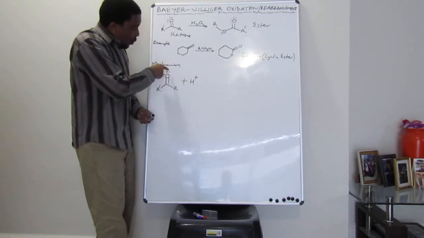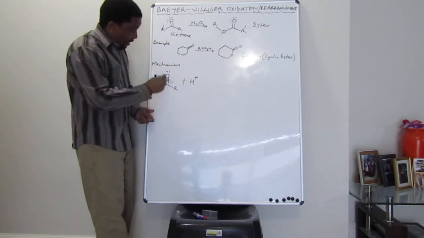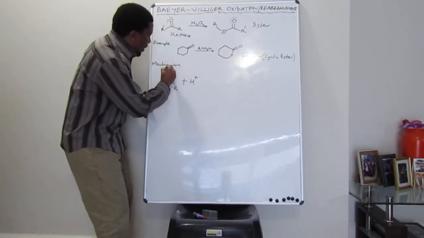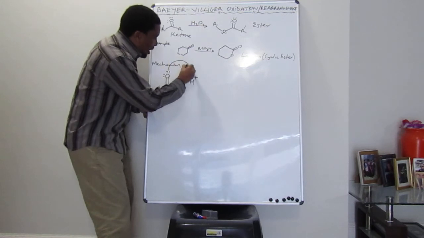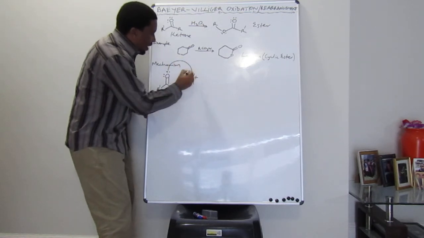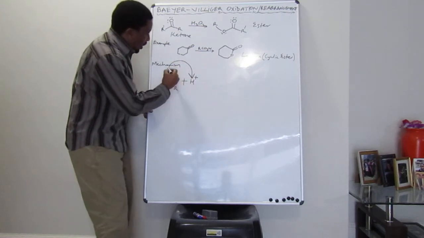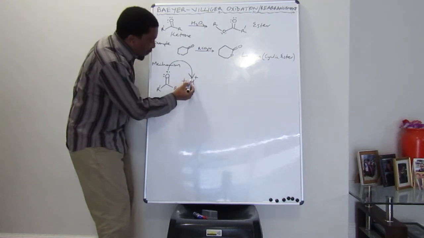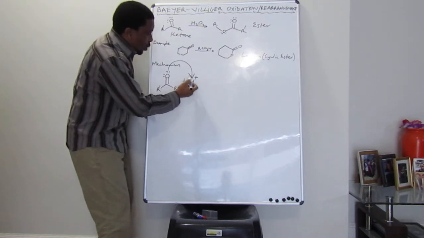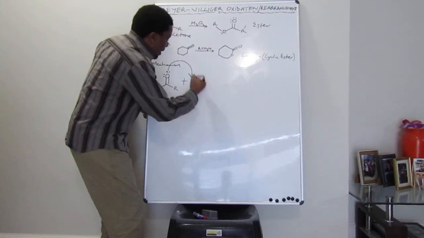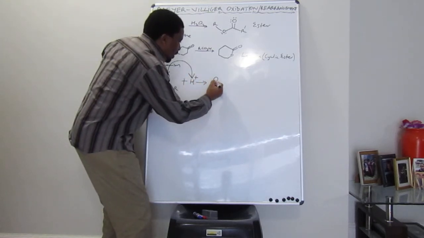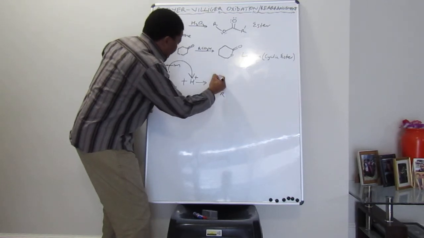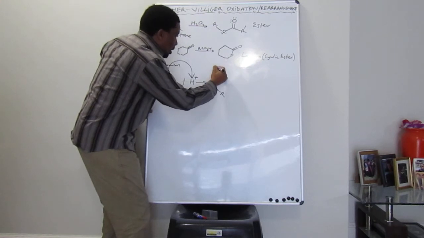This H plus will come and act at the oxygen side. The lone pair from the oxygen atom goes out to pick up the H plus, with both electrons, so it's two electrons, hence a full arrow. What do I form in this case? I end up with oxygen, with R prime, R, and a new bond to hydrogen.